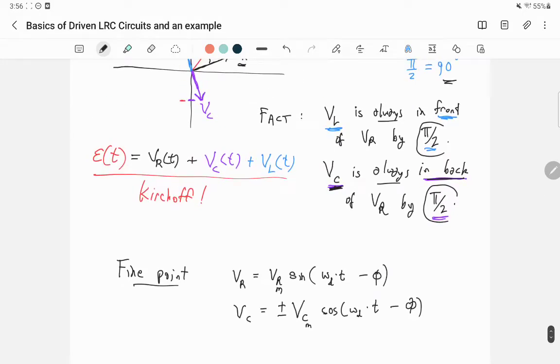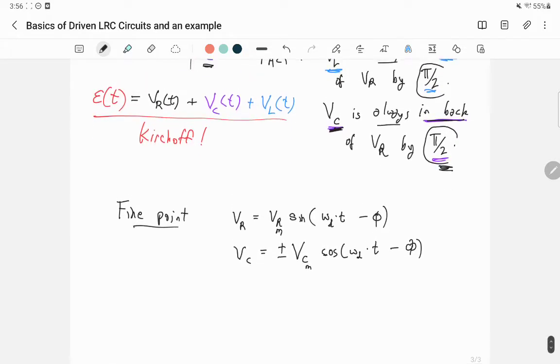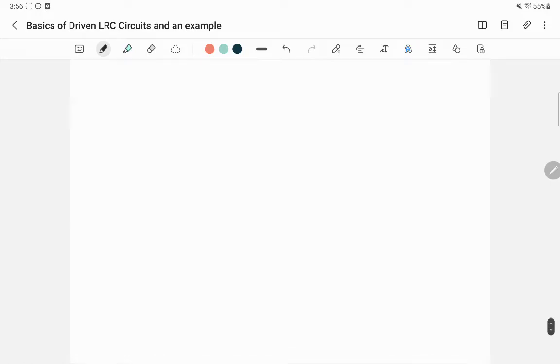So the capacitor voltage is going to be either a plus or minus cosine with the same argument inside as what the resistor voltage has for its sine. That's how I get this 90 degrees. Cosine and sine are 90 degrees different, right?